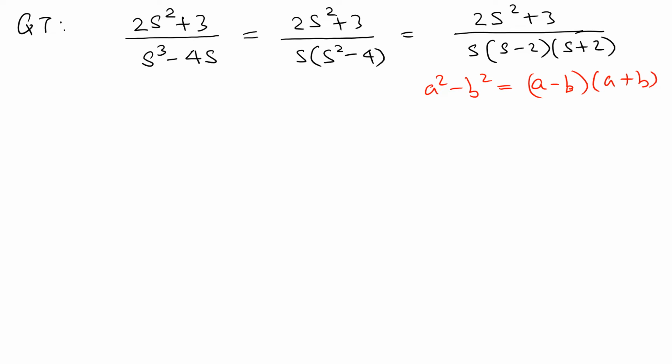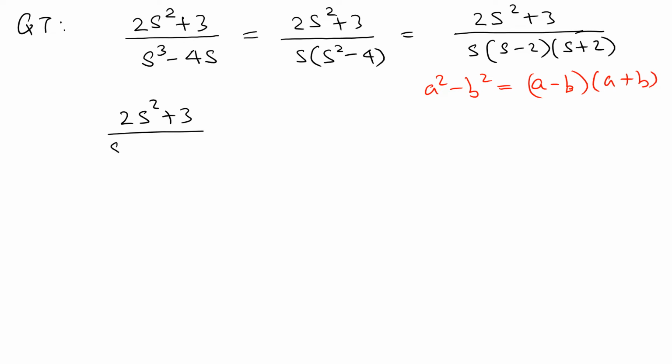Okay, so now since we have different linear factors, we can write the form now. So that means it's going to be 2s squared plus 3 over s cubed minus 4s. Actually, let's look at the factored form for this one because it will be clear.